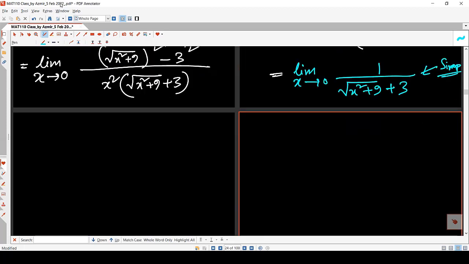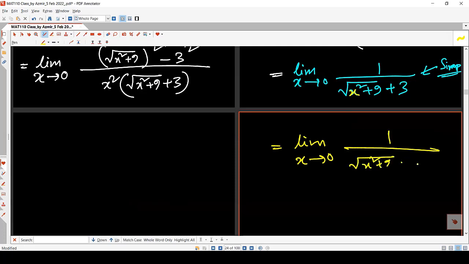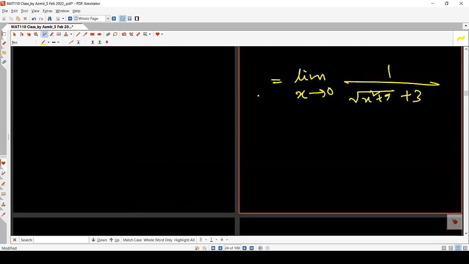Now we can input the value of x. X is 0. So limit x tends to 0, 1 over square root of x squared plus 9 plus 3. I am writing again here. So we need to input 0 here.